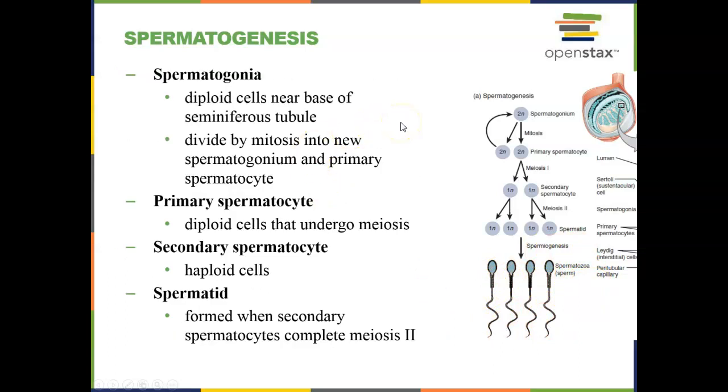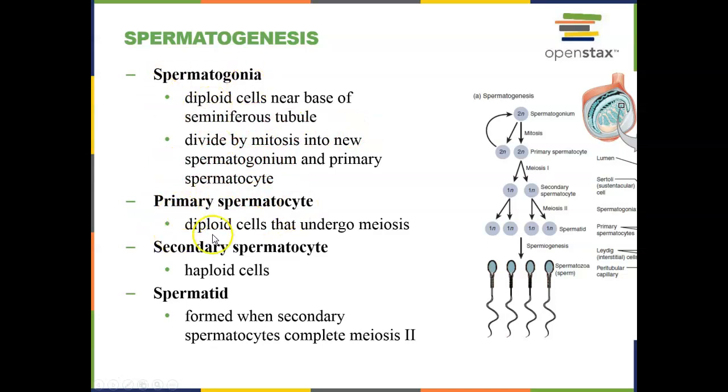So I just kind of went through this, but we'll go quickly again. Spermatogonia is a diploid cell that starts the entire process of spermatogenesis. It initially divides via mitosis into a primary spermatocyte and another spermatogonium. So you always have those initial diploid stem cells.